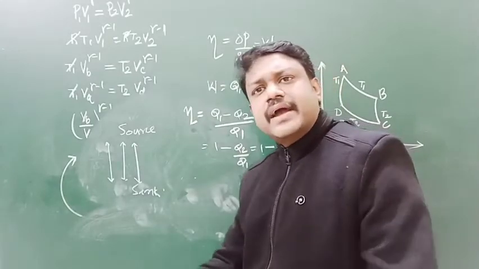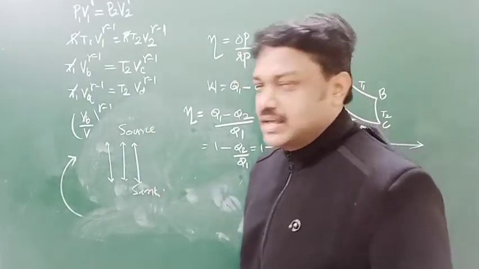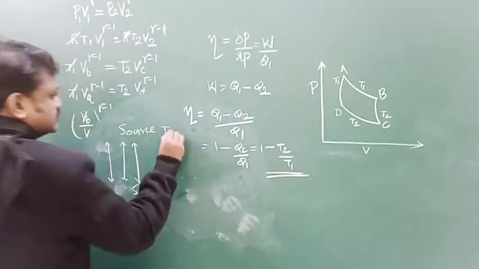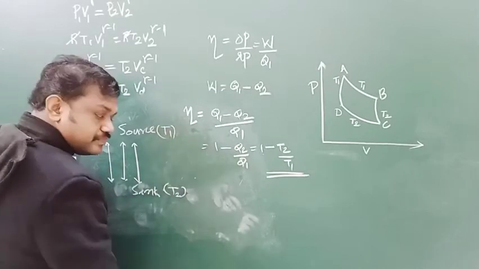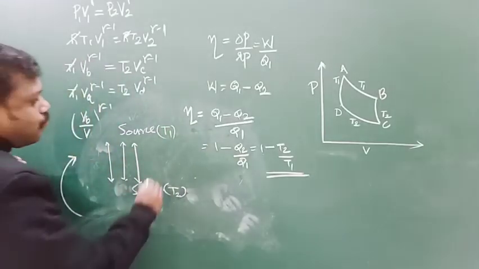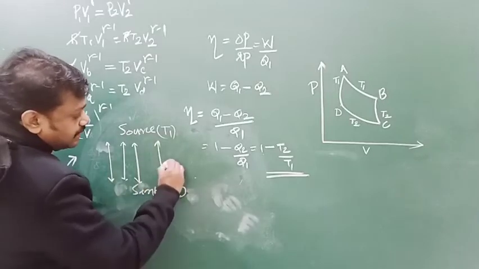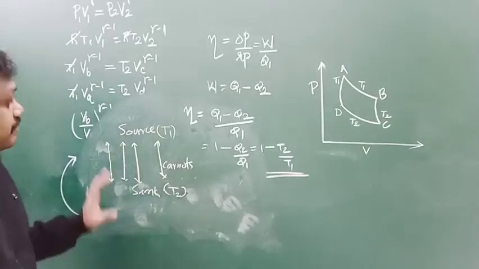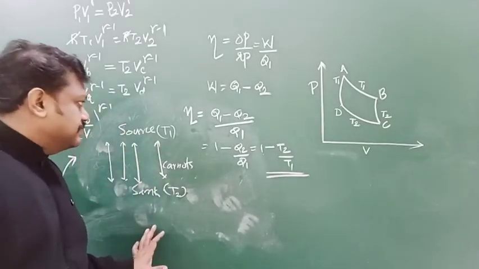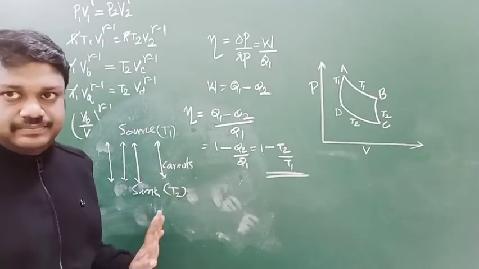You can define any kind of heat engine working between the same source and sink, with the source kept at temperature T1 and the sink at temperature T2. But one of these engines is a Carnot engine.